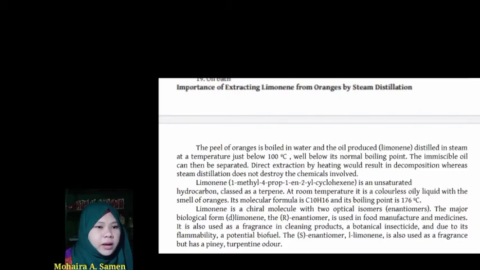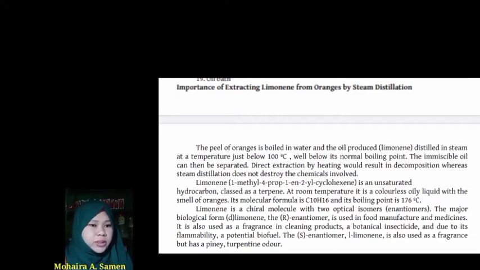Limonene is a chiral molecule with two optical isomers, or what we call enantiomers. The major biological form, D, which is also called limonene, then the R enantiomer, is used in food manufacture and medicines.